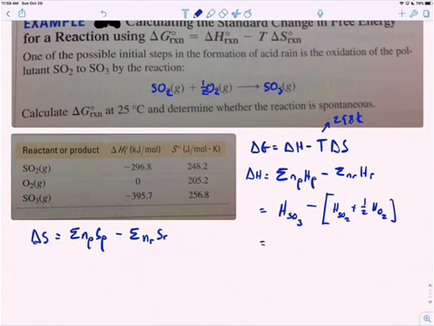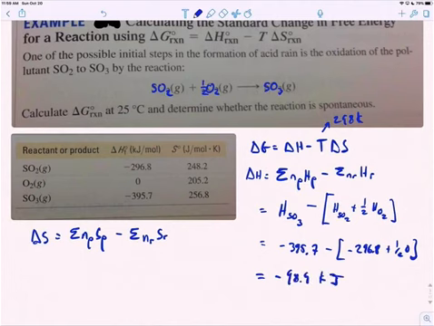H of SO3 is going to be minus 395.7 minus the quantity minus 296.8 plus 1/2 times 0. If you throw that in your handy dandy calculator, you get the answer being minus 98.9 kilojoules.